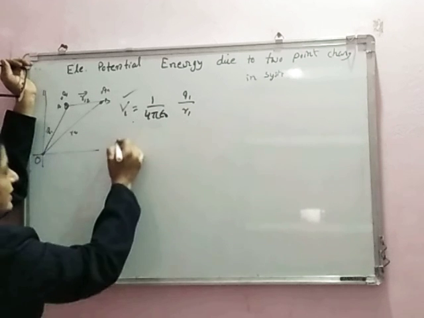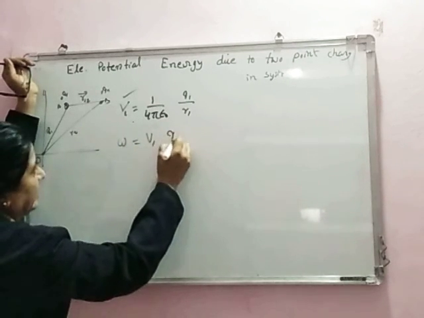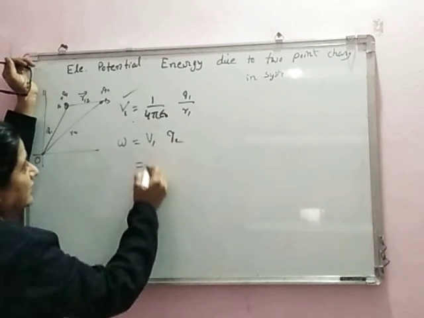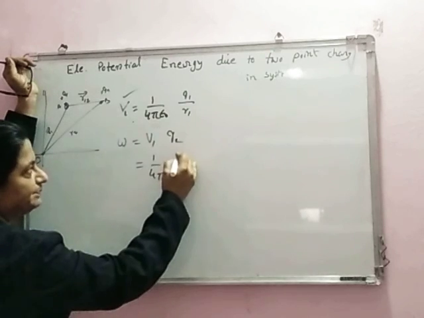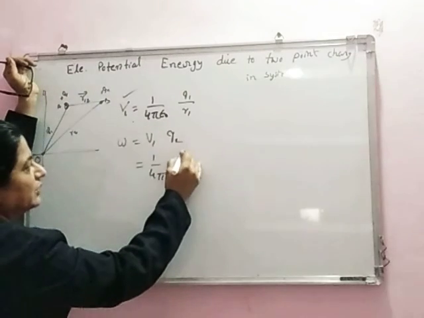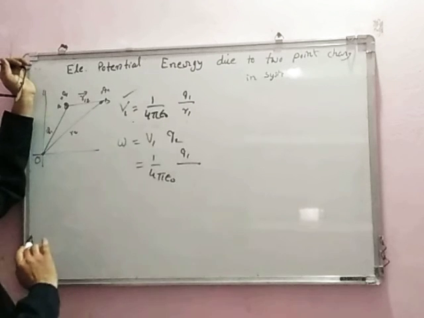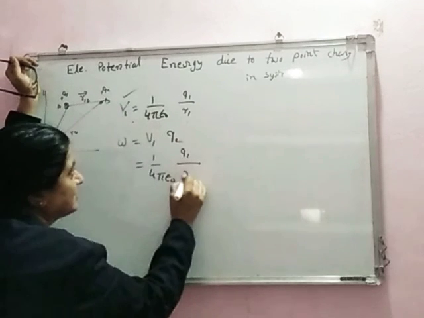That work done is given as V1 into Q2. So V1 is 1 upon 4 pi epsilon 0 Q1 upon r1, the distance.